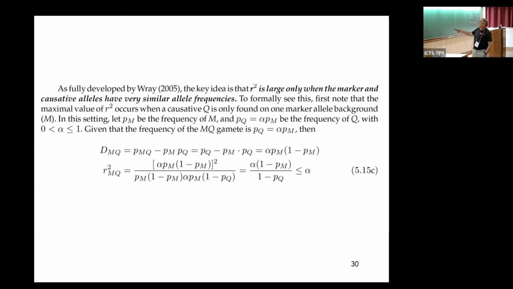So if there's a mismatch, that is, yes, all Q are found on big M, but there are also big M without Q, then the correlation is not perfect, and only part of the signal from the causative site is transferred over to the marker variance, and the marker variance is what we score.